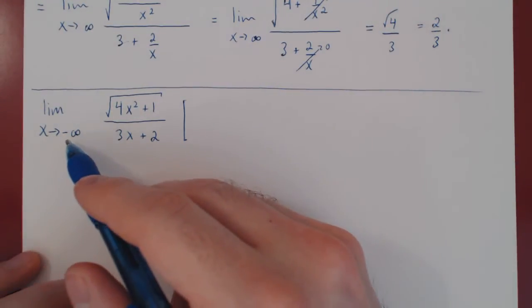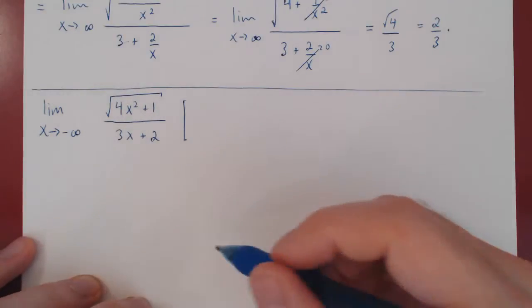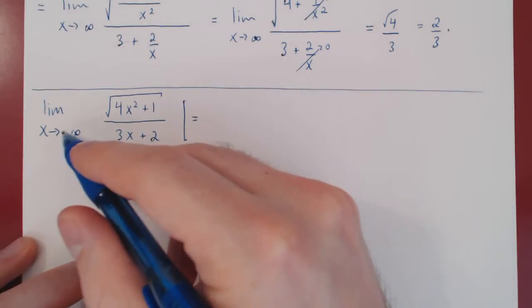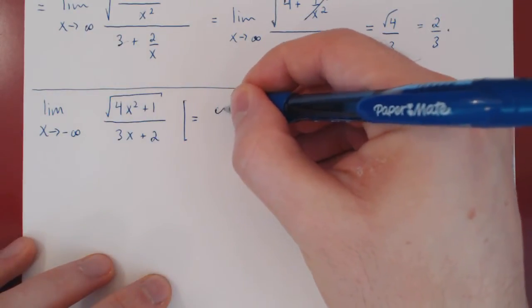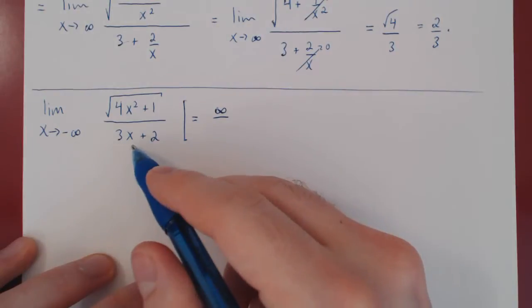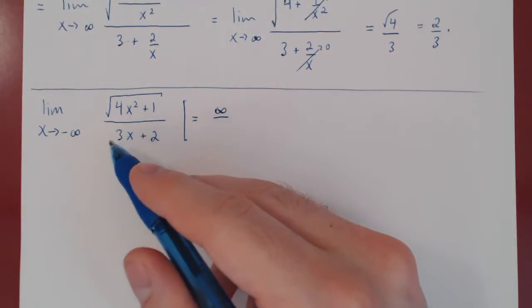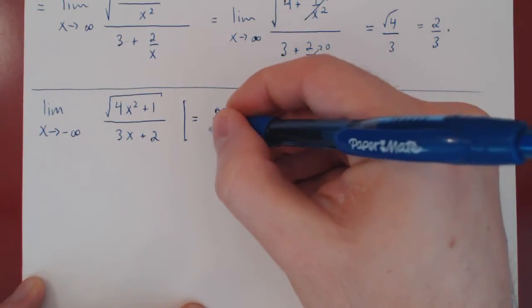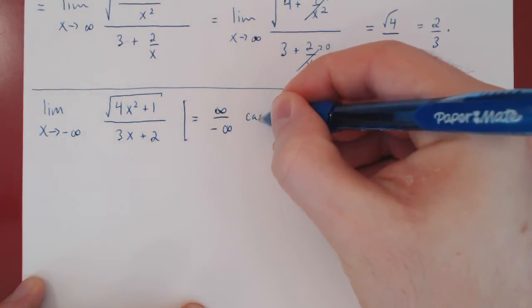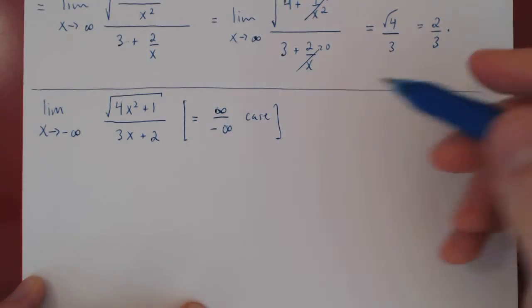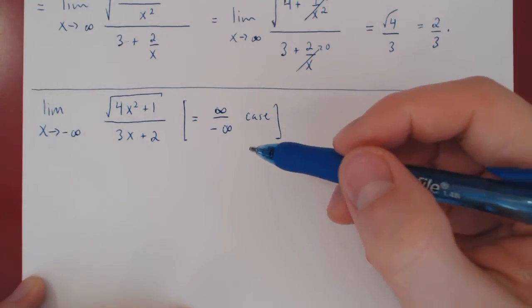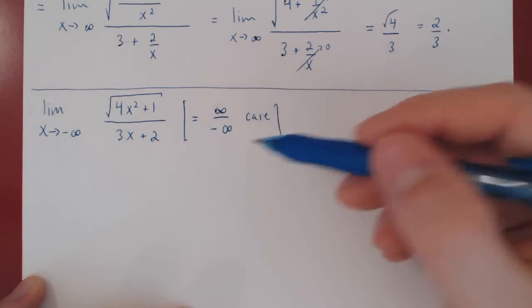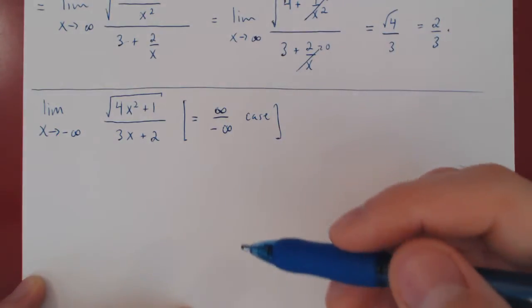When x approached positive infinity, we had a positive over a positive infinity case. And now think of it. 4x squared is positive, so the root of this will be positive, so it will go to positive infinity. But 3 times x, as x goes to negative infinity, 3x will also go to negative infinity, plus 2 is negative infinity. So before we had positive over positive infinity, now we have positive over negative infinity. So we may expect the answer now not to be 2/3, but negative 2/3.